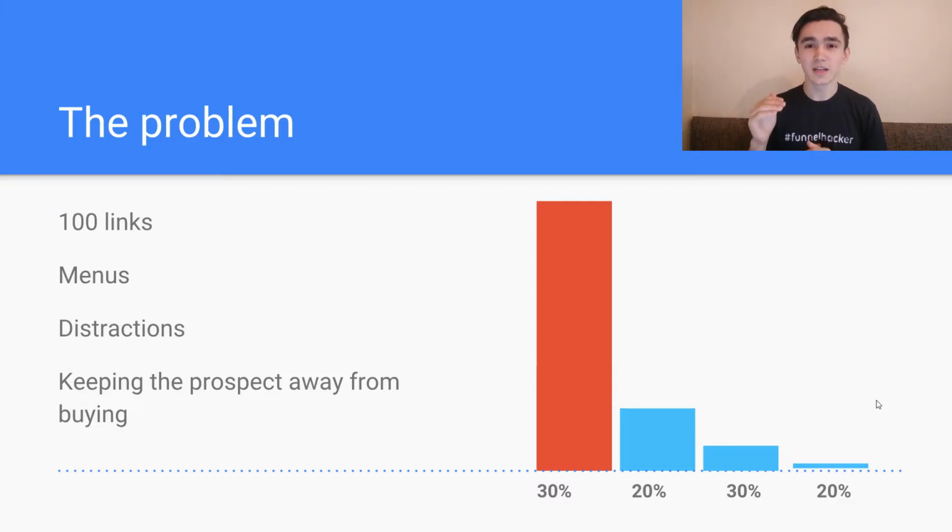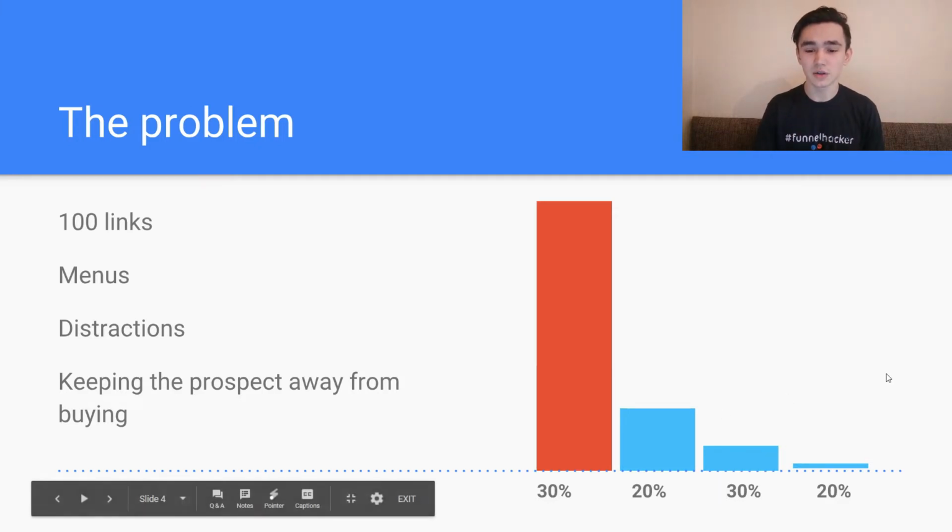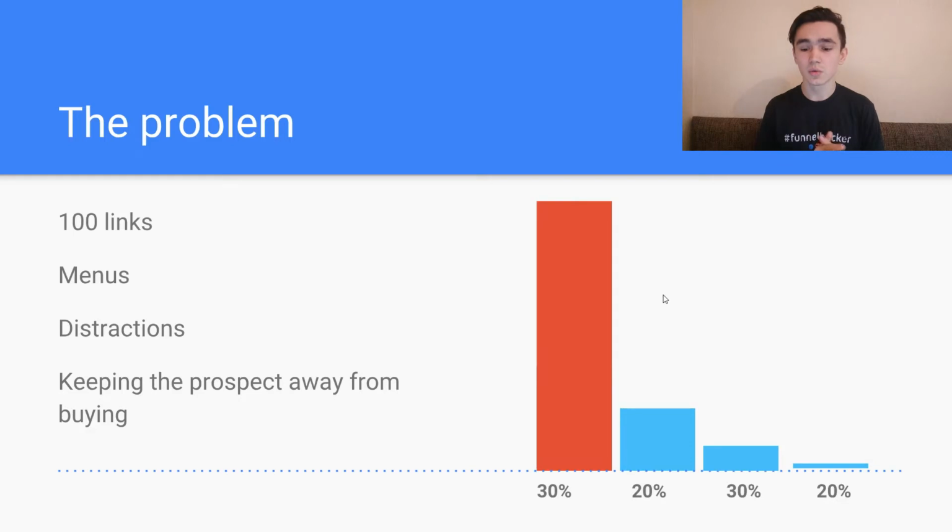So for example, you have a selling website and you want to sell a product, and you have all these distractions. Like I show you in this diagram, probably about 30% of those people who land on the first page will reach the product page, and from those 30%, about 20% will click the add to cart button, and then from those 20%, about 30% will reach the checkout page, and from those 30%, 20% will actually purchase.